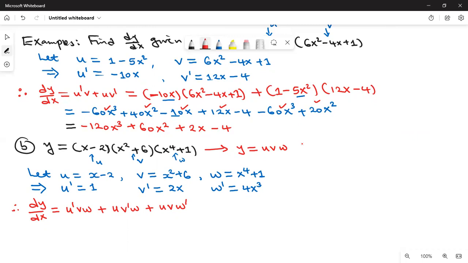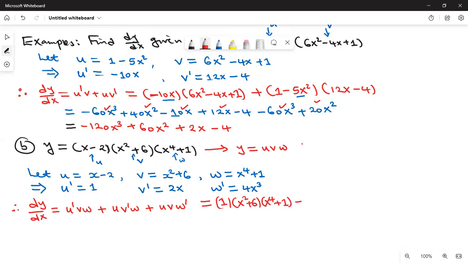And so when we substitute, u prime is 1 times v times w, so that is x squared plus 6 times x raised to 4 plus 1.